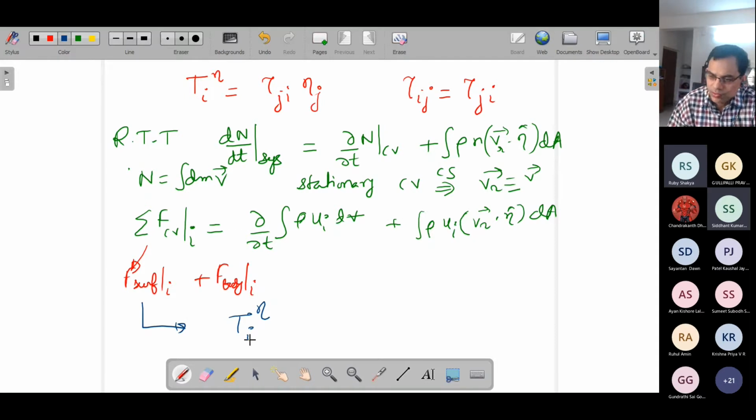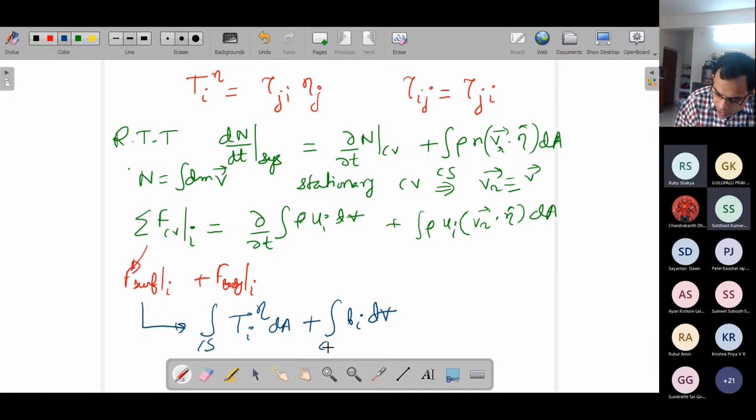So this is the traction, the force per unit area, integrated over the control surface, and body force is expressed per unit volume over the control volume. So this is the body force.